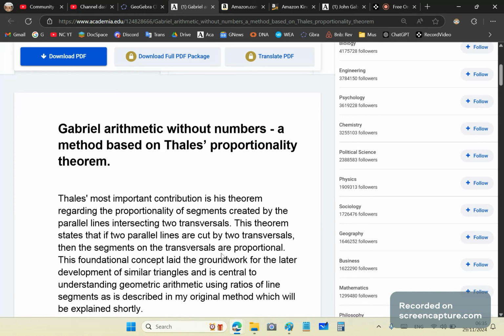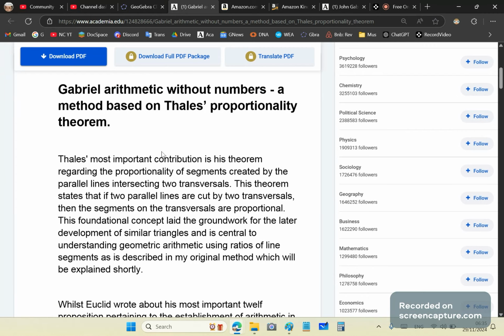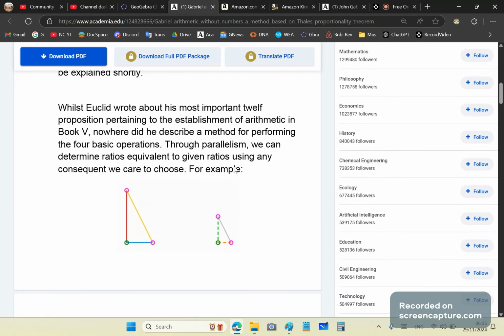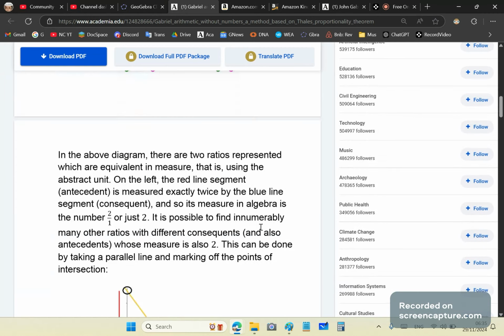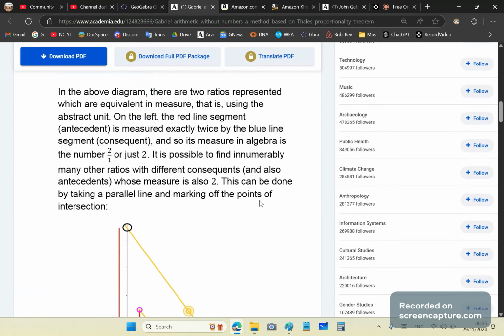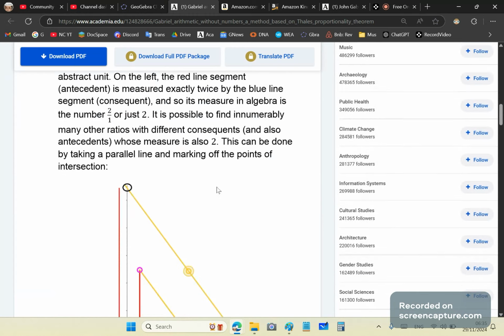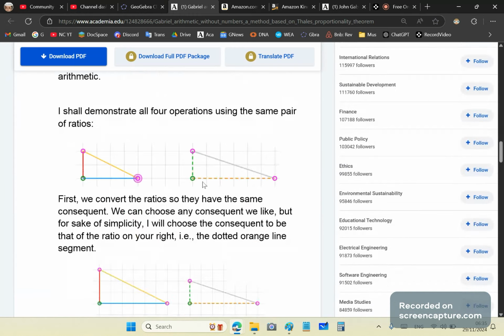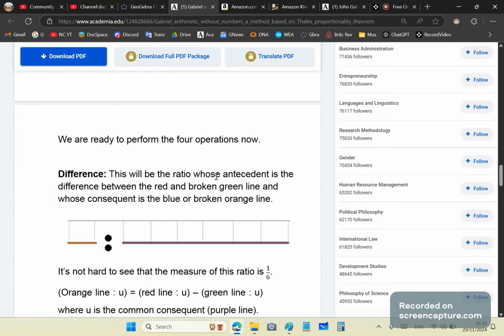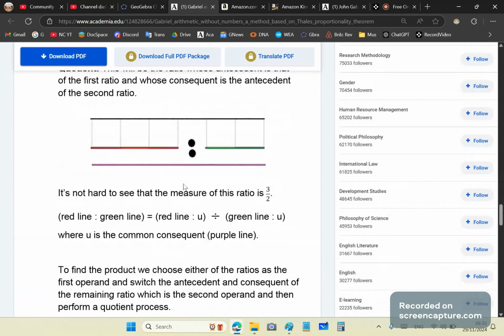Well, that's kind of silly, but anyway, this method is so important, since everything that you know by rote about numbers and arithmetic comes from arithmetic with ratios. And I'll show you how all the four basic operations work.